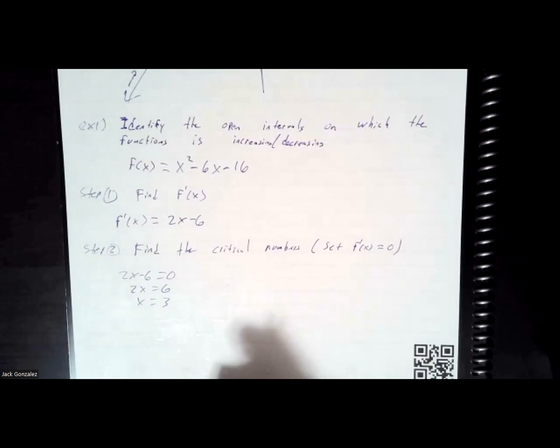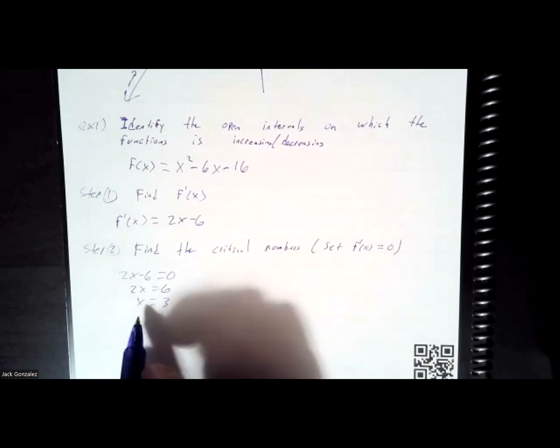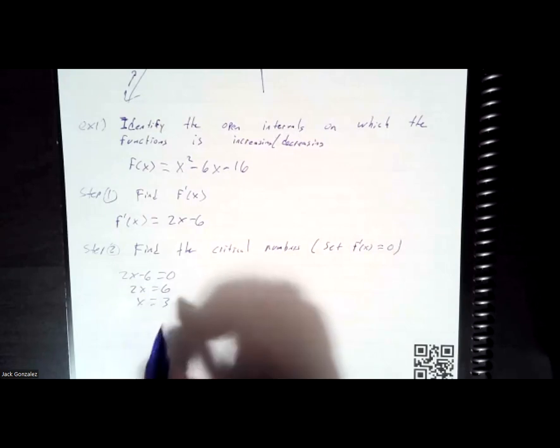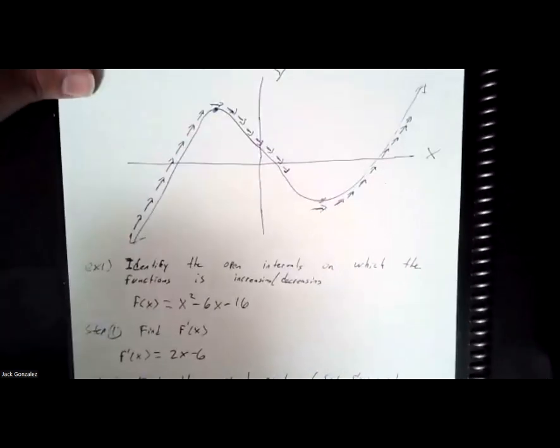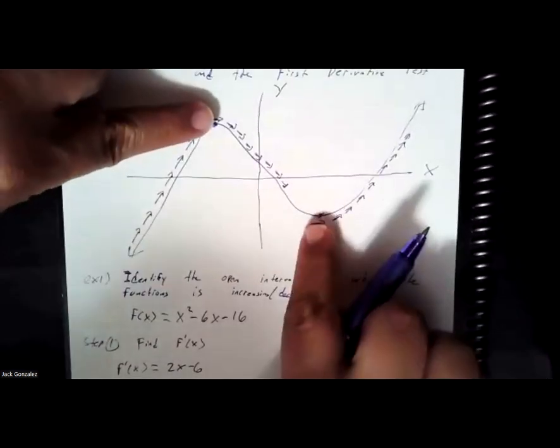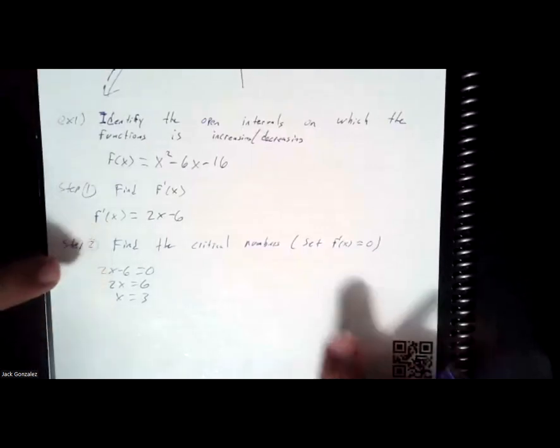So now use this as kind of like a pivot point. Check before and after to see if it's a maximum or minimum. So basically what we found probably is one of these, right? So we just want to find out what's happening before and after the 3. And we do that by testing around this point using f prime.